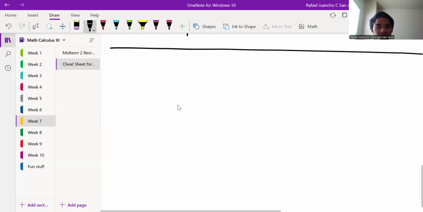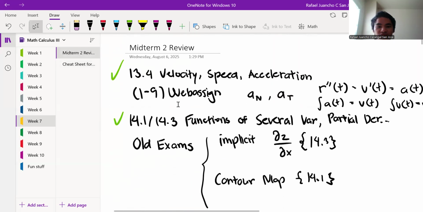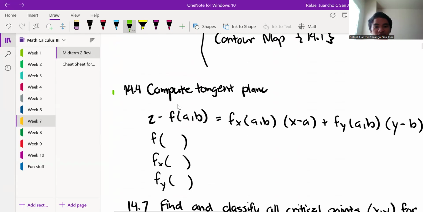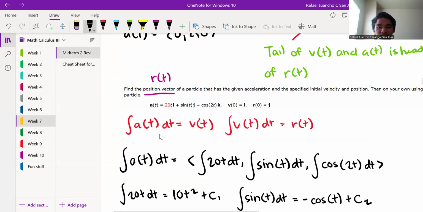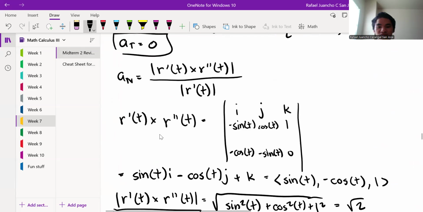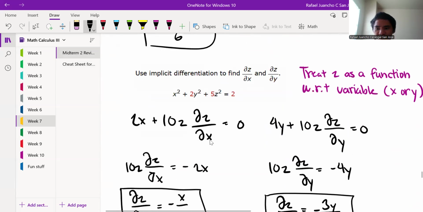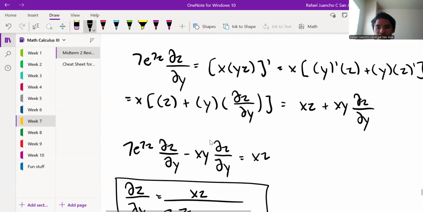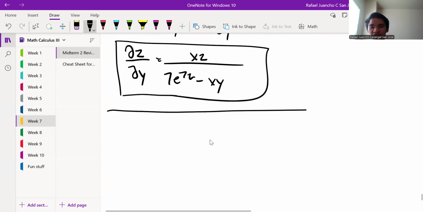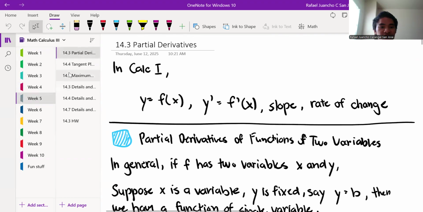Now we move to, let's check off the list, we have a couple more. Now I move on to computing a tangent plane, which I think might be easier. So just some simple exercises we could try. So 14.4 is really just computing a tangent plane, and I think it was week 5.